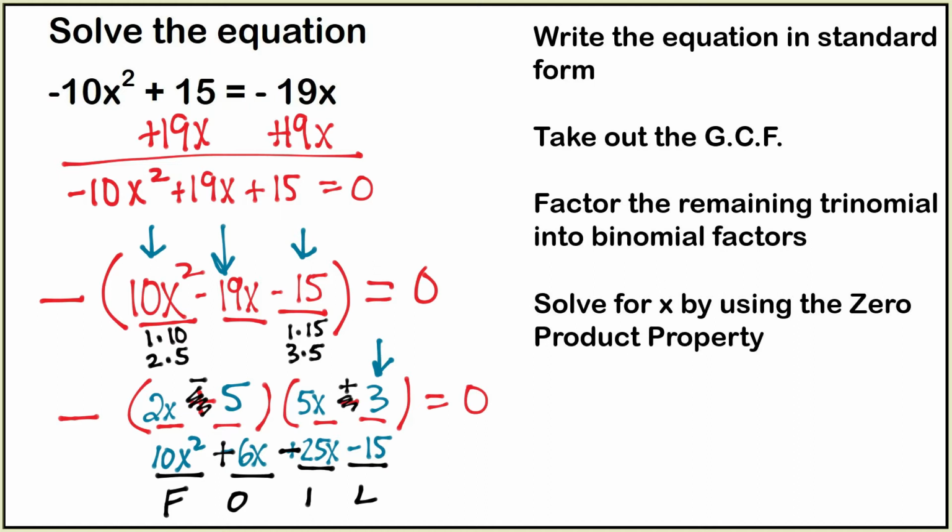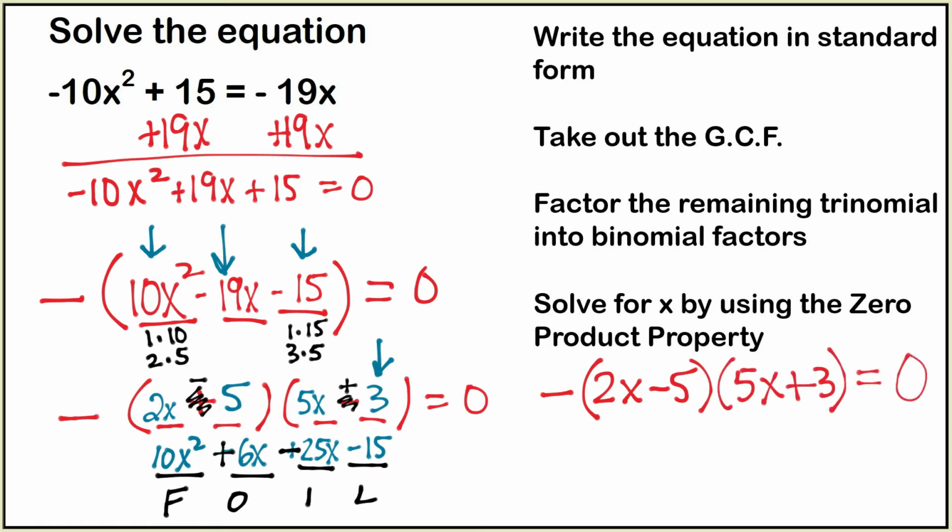And when I put those together, that will make negative 19. So my final answer in factored form, and this isn't the answer to the problem, this is just the factored form answer. I have negative 2x minus 5 and 5x plus 3 equals 0.